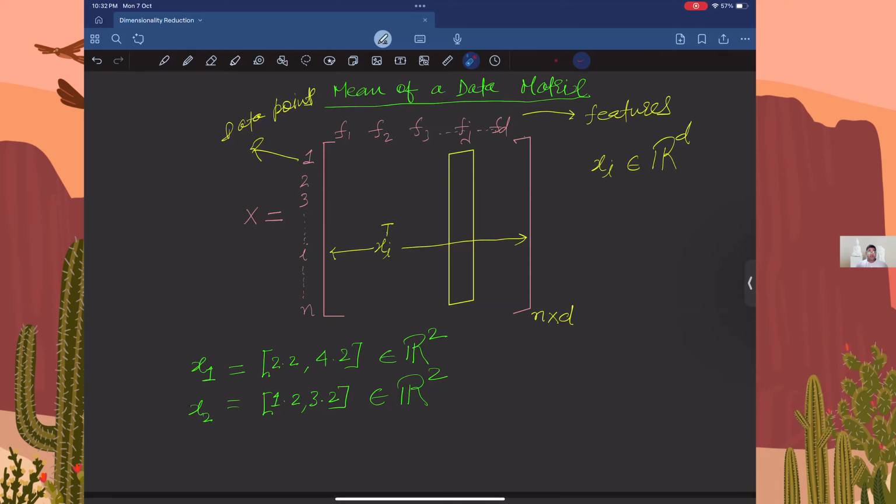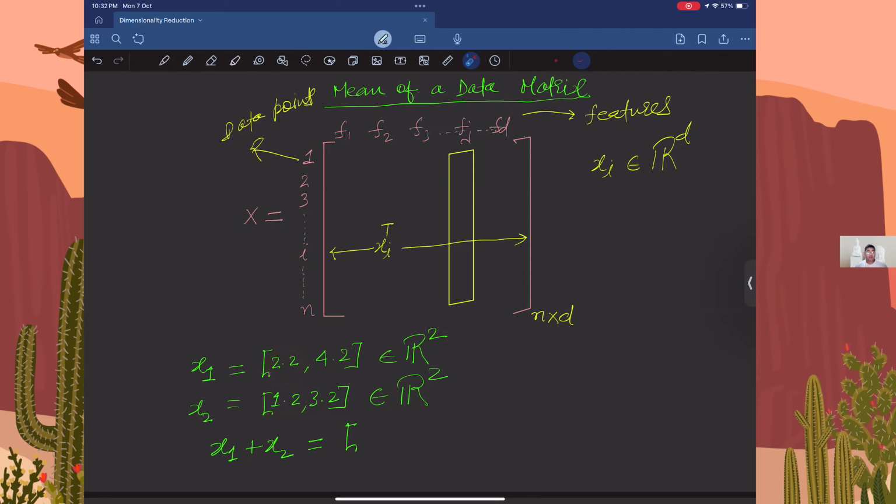Let's suppose I want to calculate x1 plus x2. What can I do? I can do component-wise addition. This is the first feature of x1 and this is the first feature of x2, so I will add both of them.